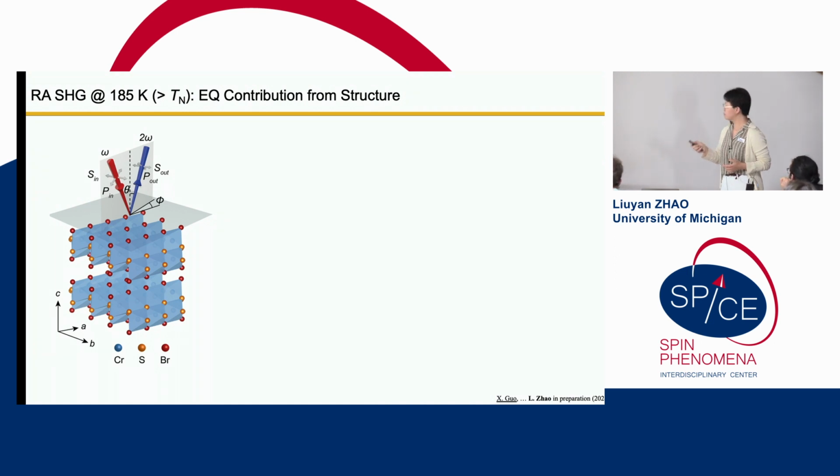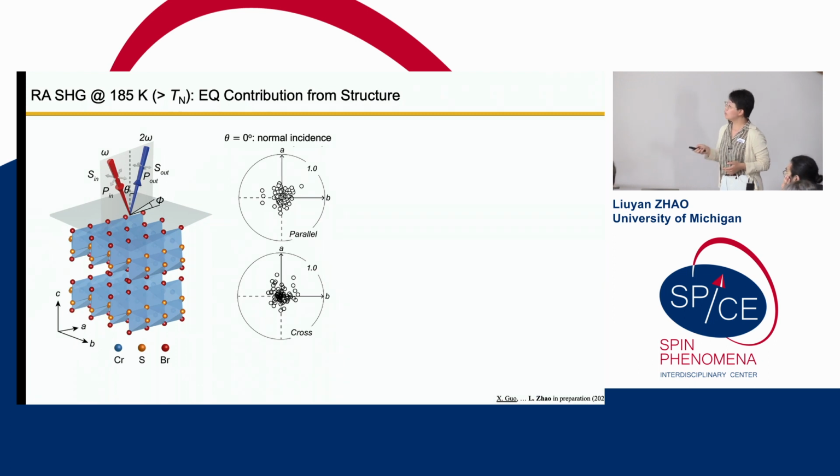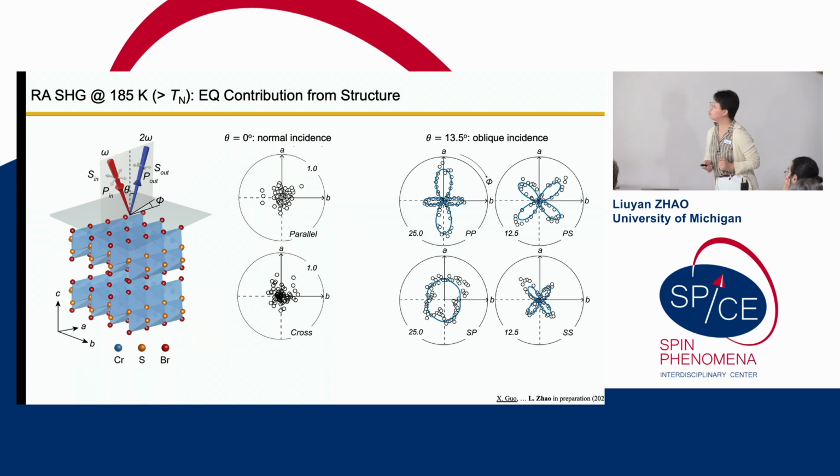So in this measurement, if we do normal incidence, like this incident angle equals 0, we see nothing. And this is expected because there's a 2-fold rotational symmetry along the out-of-plane direction that can fully suppress any SHG signal if you do normal incidence. But if we do oblique incidence, we can see clear data here.